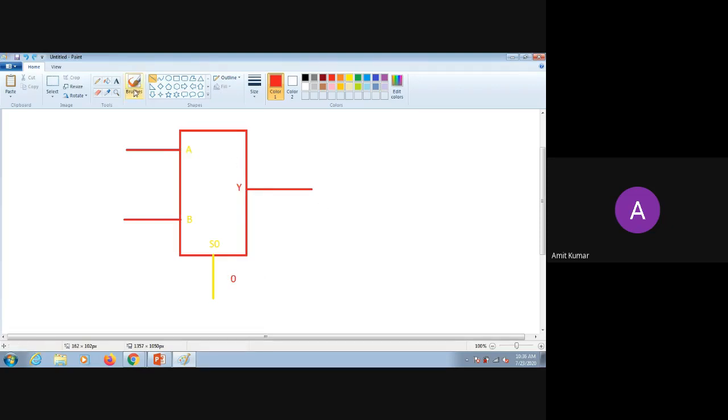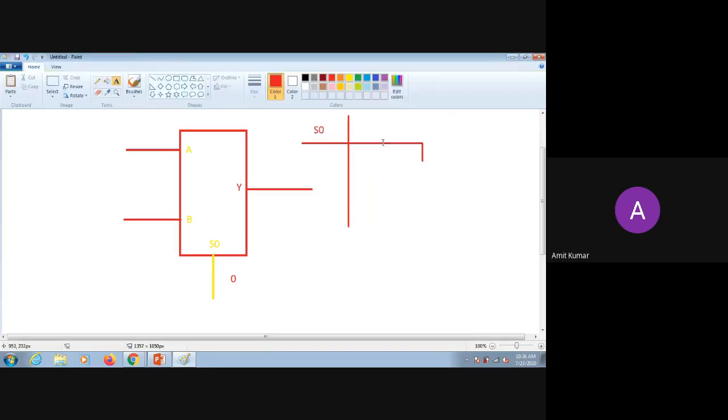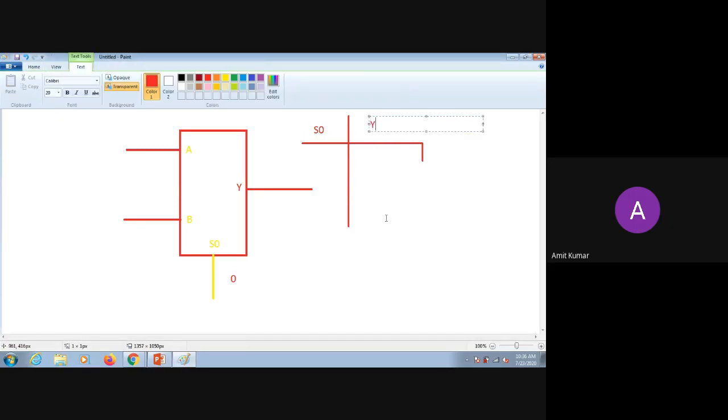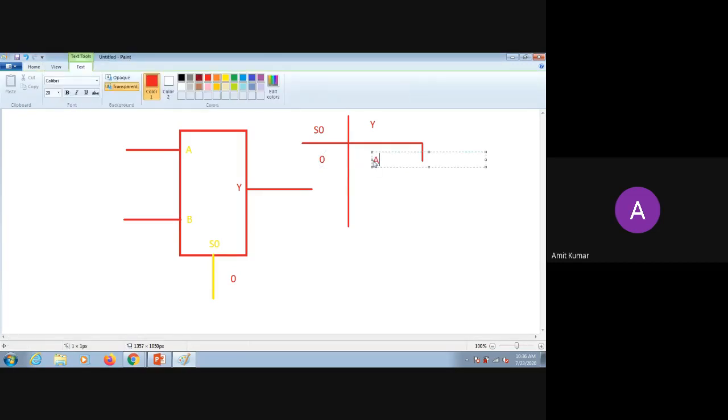Just let me tell you the truth table for that. S0 will be your input and Y will be your output. If you apply 0, whatever data is available at A input will be available in the output. Same way, if you apply 1, you will get B as output.